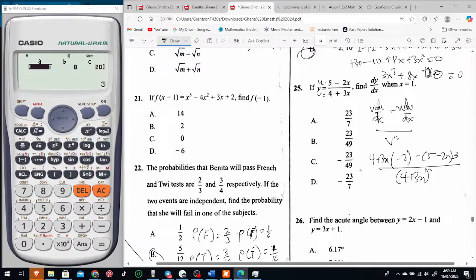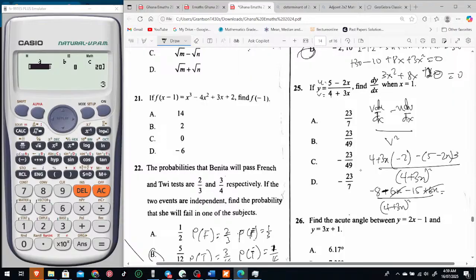Let's simplify this. We get negative 8 minus 6x minus 15 plus 6x, over 4 plus 3x squared. This and this will cancel. Mind you, we are going to do substitution.